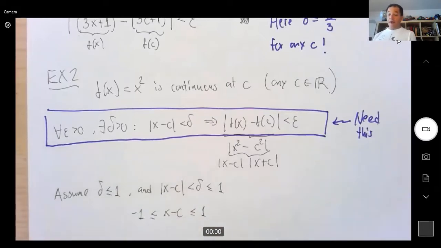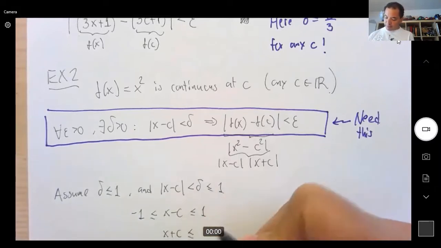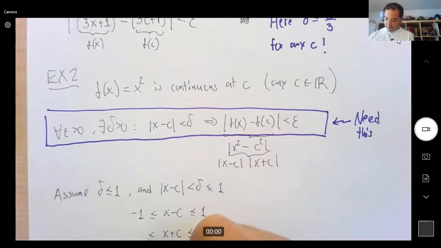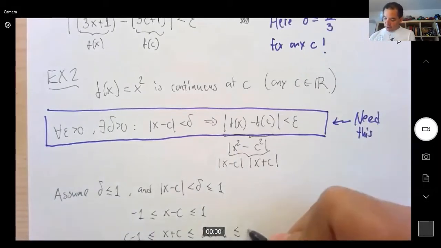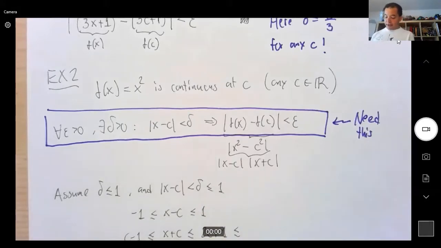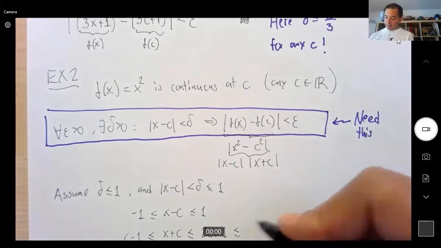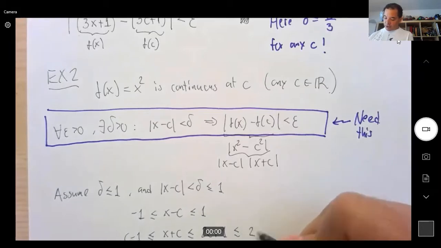And now we can do x plus c, which is really what we're after. So then x plus c will be smaller than adding 2c, right? That's what we're doing. 2c plus 1. And over here, 2c minus 1, right? And then the thing is that this is for sure smaller, because I don't know if c is positive or negative, right? And that can be a problem. So, but this is for sure less than 2 times the absolute value of c plus 1.